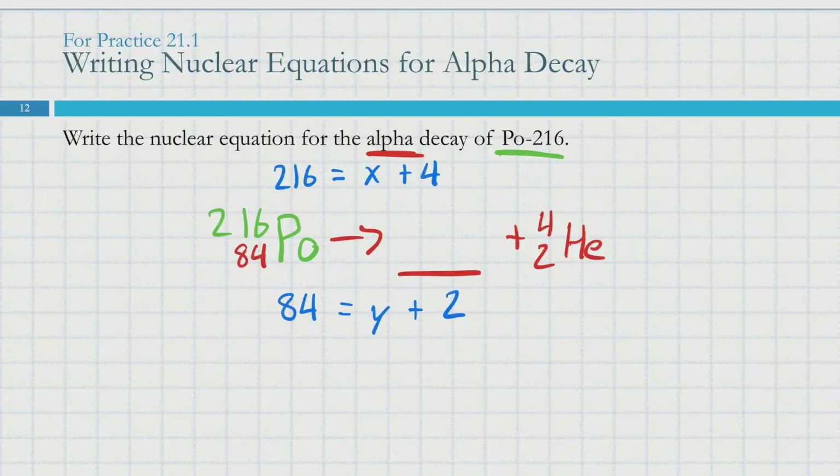Go ahead and just do that. That's fine with me. So 216 minus 4, we're going to have 212. 84 minus 2, we're going to have 82. And then we look at our periodic table. We find number 82, the symbol Pb, meaning that we've got lead. And that would be our complete nuclear equation. Again, the top and bottom equations there are optional, but that's a way that you should be able to solve any of our nuclear equations as long as you remember the particle types.